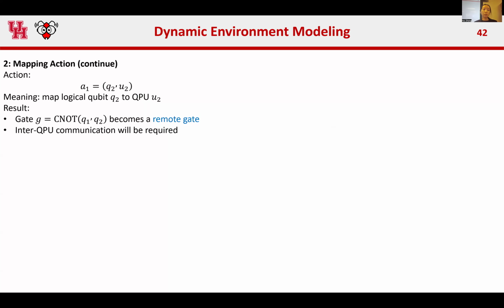We also do the mapping: now we map the logical qubit Q2 to QPU U2. Then we also get some results. For example, now the CNOT gate G becomes a remote gate because Q1 and Q2 are across QPUs, and inter-QPU communication will be required. We need the EPR pairs before we do the remote gate.